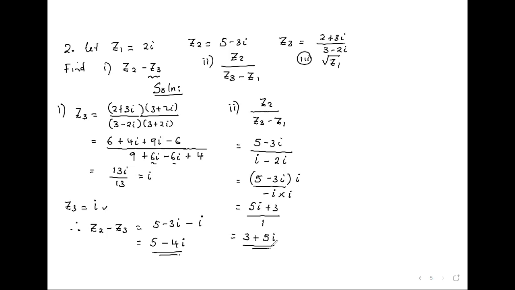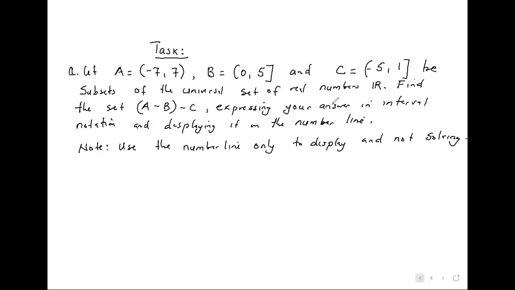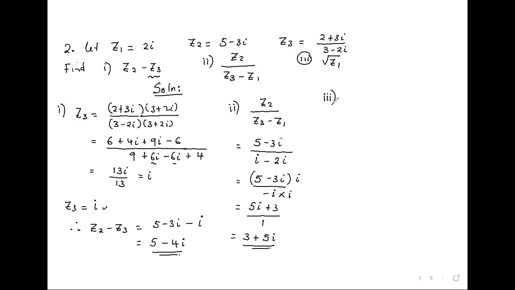Then we go to part 3, the root of Z1. So we just said let this, then find the root of Z1. Since I'm finding a root, Z1 is 2i, so we're finding the root of 2i.